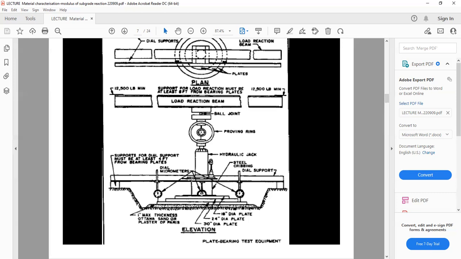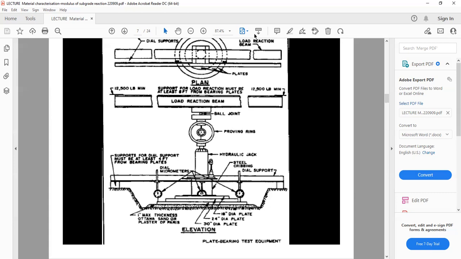It's a single vertical load, a one-dimensional load. So in this case, similarly, we lift this jack. This is a fixed reaction frame. We lift this jack in around 0.25 mm increments, and we finish this test at that point. Most of the techniques are similar to what you do for the CBR test.